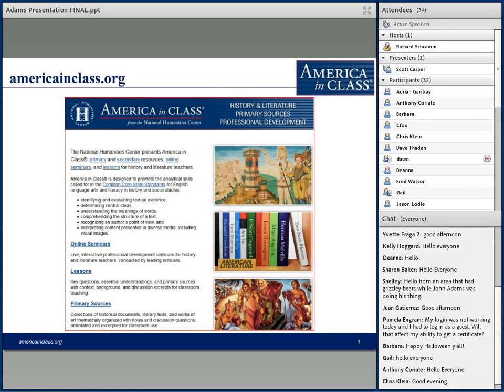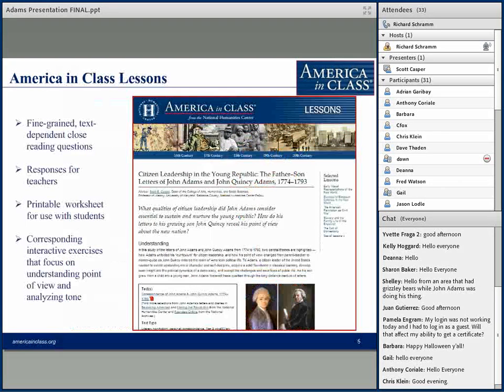And you can find all of those resources by going to americainclass.org. When you do, if you click on America in Class Lessons and scroll down to this one, Citizen Leadership in the Young Republic, the Father-Son Letters of John Adams and John Quincy Adams, you will find this evening's material outlined for you in a classroom-ready lesson. You'll find fine-grained, text-dependent close reading questions, and we provide responses for teachers in a teacher's guide.